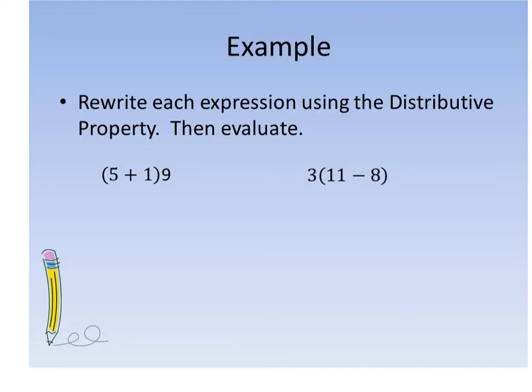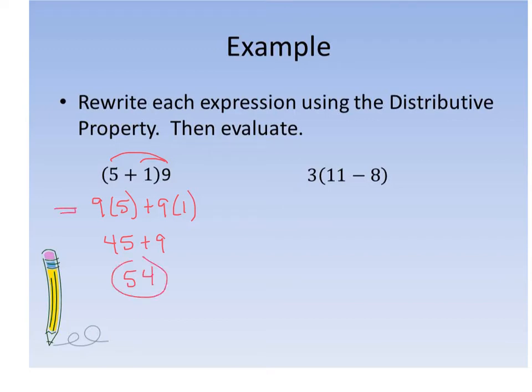Okay, so one more time, when it says to rewrite it using the distributive property, I want you to do that intermediate step before you multiply. So in this case, we're going to write 9 times 5 plus 9 times 1, and if you switch the order, I don't think that matters. Then go to evaluate. We have 45 plus 9, which is 54.